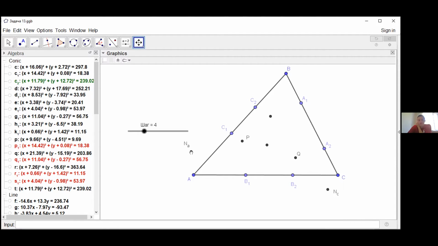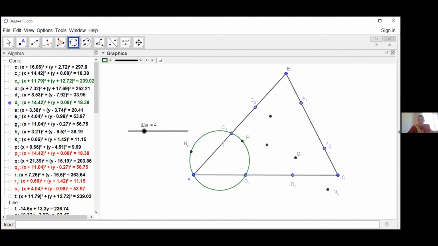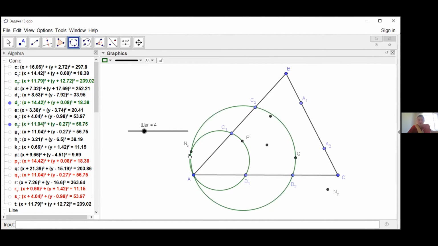We need only NA, NB, and NC in this construction. But by the Miquel theorem, the most convenient way to obtain point NA is to intersect the circles A B1 C1 and the analogous circle A B2 C2. This is another definition of point NA, and it's more convenient to use it further.